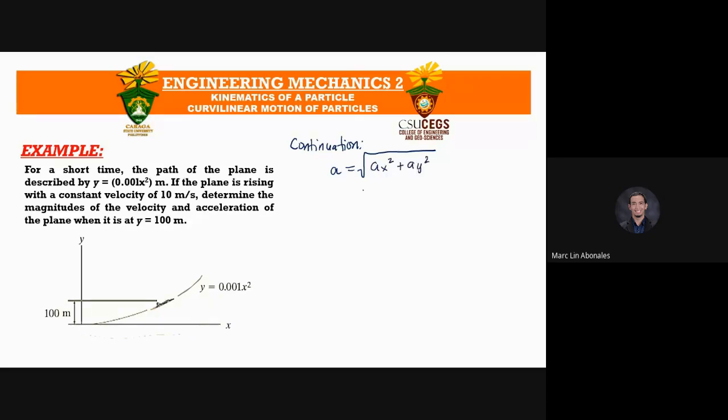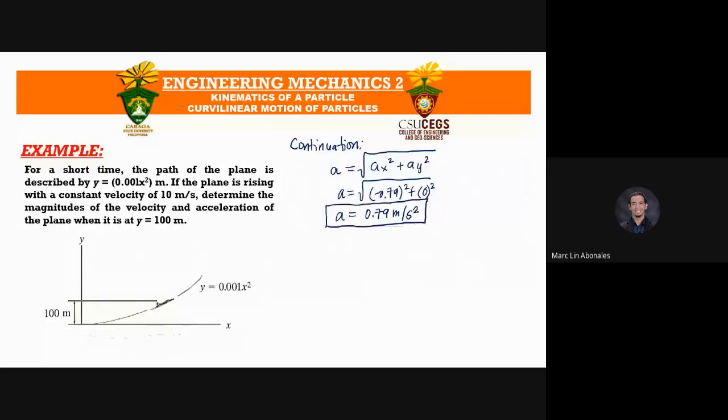So that would be negative 0.79 squared plus 0 squared. Since the y component of acceleration, the ay, is 0, the magnitude of your acceleration is 0.79 meter per second squared. Okay?